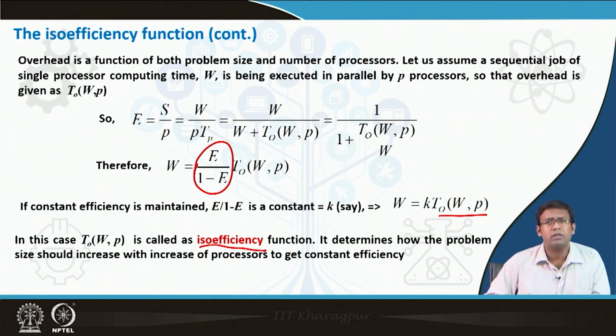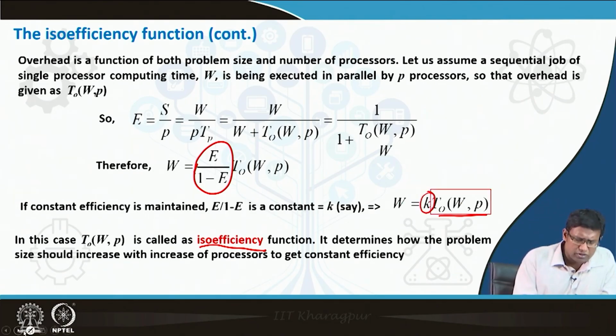It determines how the problem size should increase with an increase in processors, so that efficiency or K remains constant. In case I am changing P, how will W change, so that this function K will remain constant.